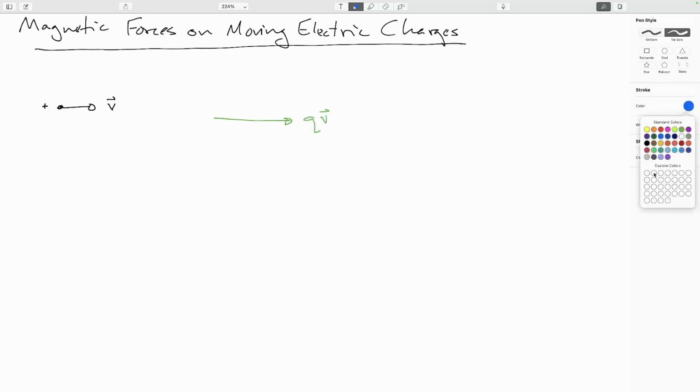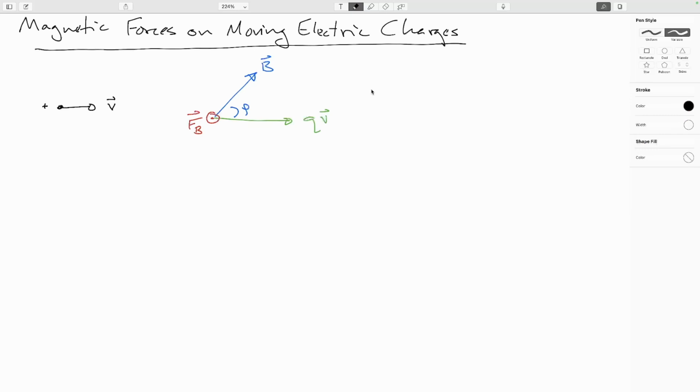And let's just say that our magnetic field is pointing at some angle phi with respect to Q times V here. It turns out that in this case, the magnetic force that the particle would be feeling would be pointed out of the screen. Remember, the circle with the dot means out of the screen.